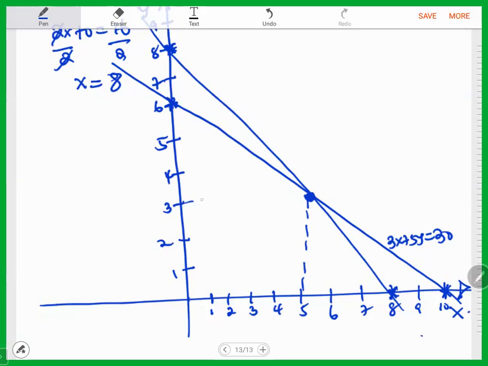So my x is this, and my y is this. That is how we determine our x and y.